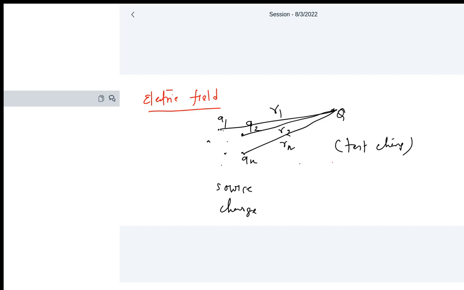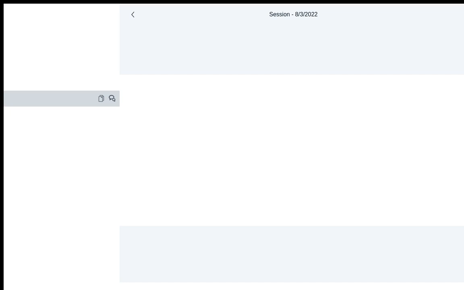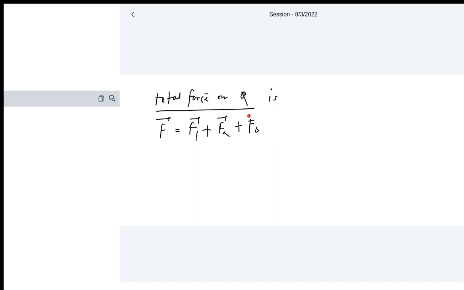So this is what we assume. Now we find the total force on the test charge capital Q. The total force F vector equals F1 vector plus F2 vector plus F3 vector, and so on.